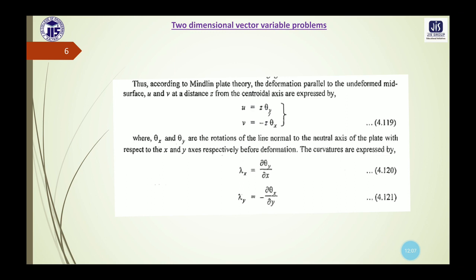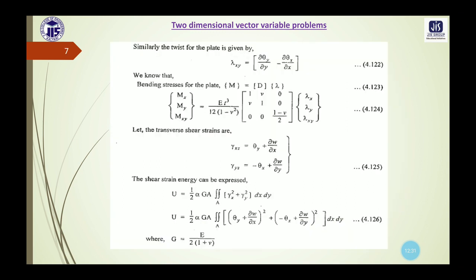The curvatures in bending of the thick plate are expressed by lambda x equals del theta y by del x, and lambda y equals minus del theta x by del y. Similarly, the twist of the plate is given by lambda xy equals del theta y by del y minus del theta x by del x.